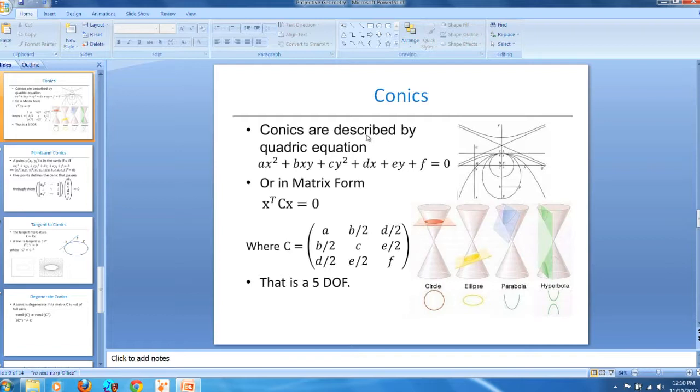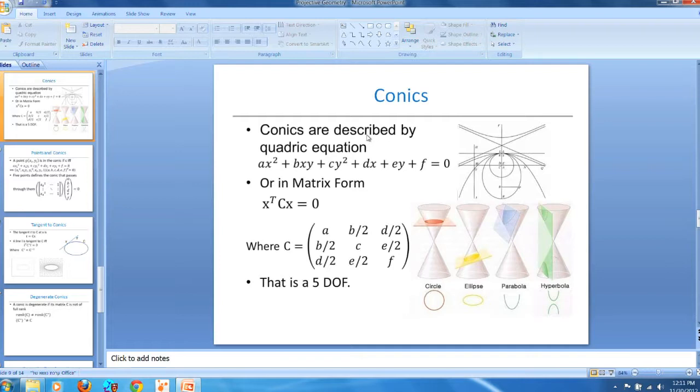Why do we have 5 degrees of freedom? Because how many variables do we have here? 6. So why is it 5 degrees of freedom? Yeah, we can divide by f, so it will be 1, and it gives the same thing, just with different names.